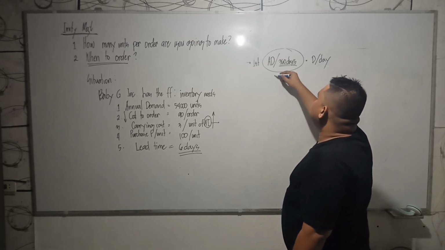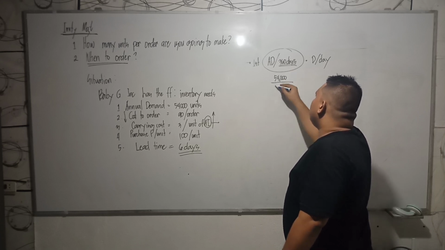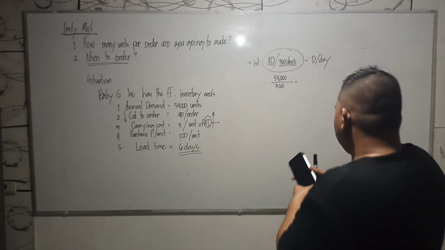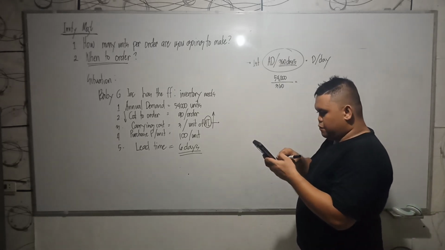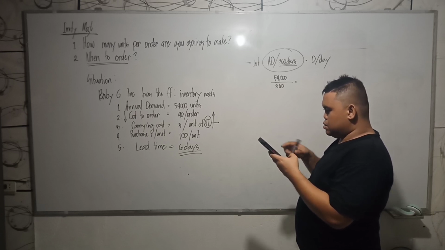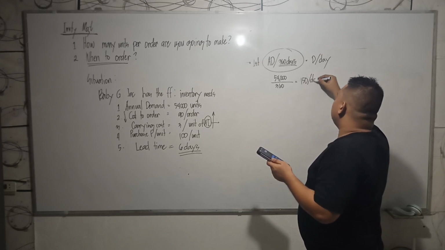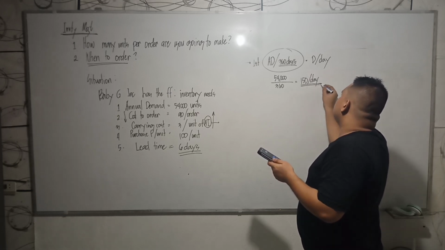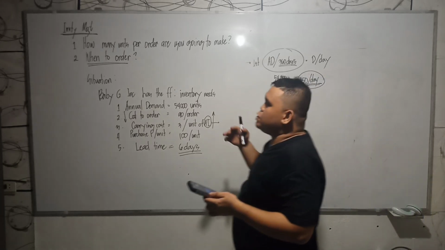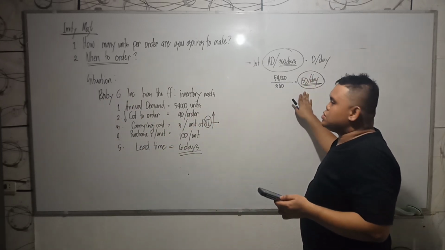So again, our annual demand is 54,000 for 360 days. So 54,000 divided by 360 days, we have 150 per day. So it means you are selling, I guess, if ever everything is the same, in the average 150 units of inventory per day.